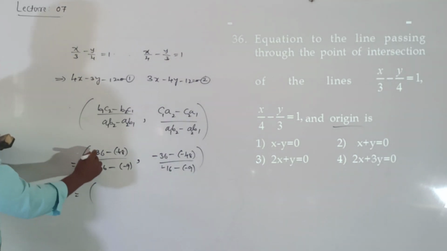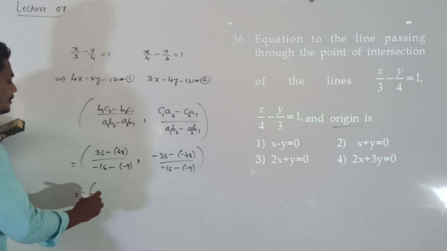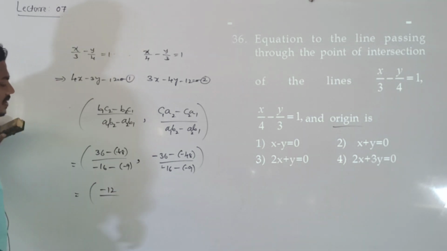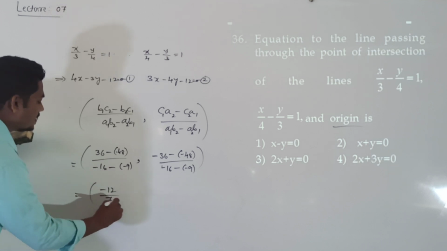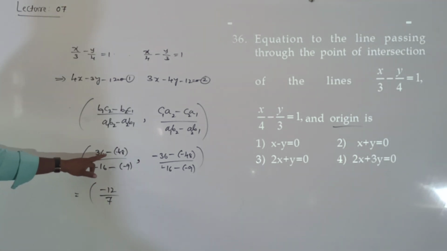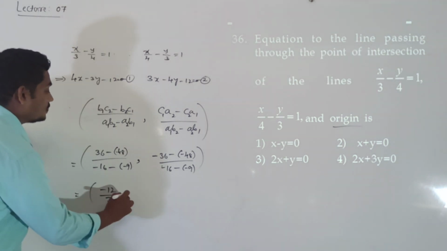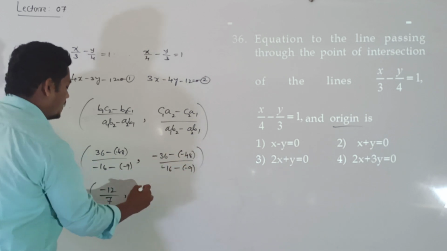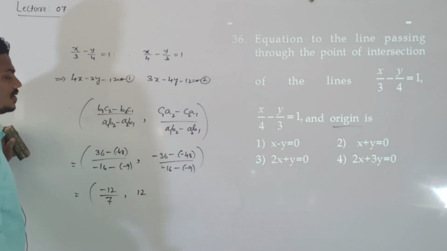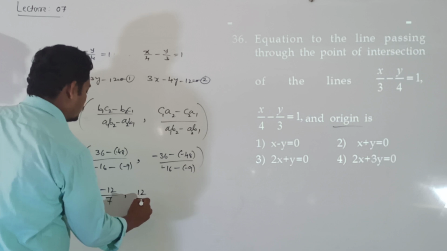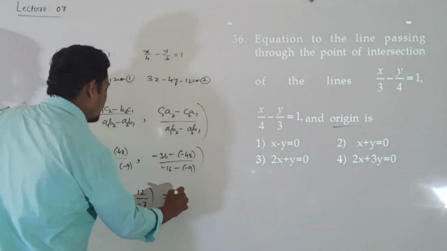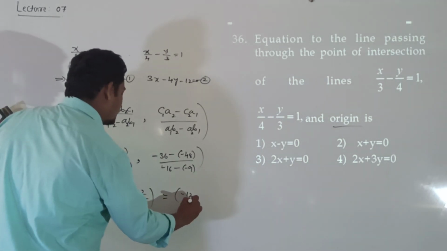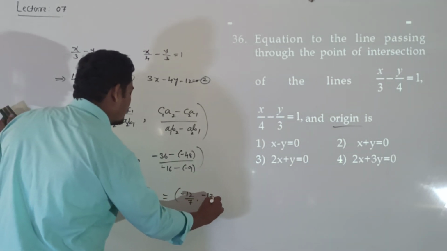That's equal 36 minus 48 minus 12 divided by minus of minus plus, it will be 7, minus 12 divided by 7, minus into minus plus, it will be plus 12 divided by minus 7, means required point is minus 12 comma 7.